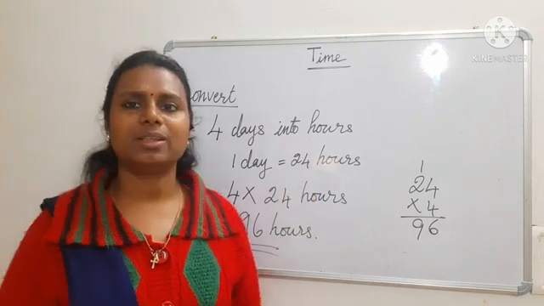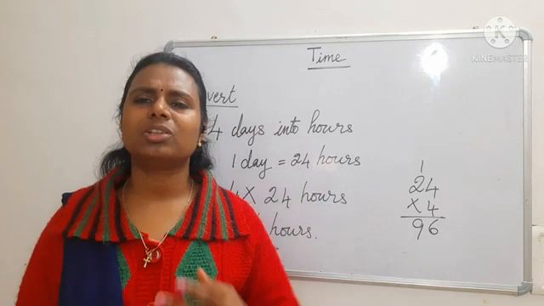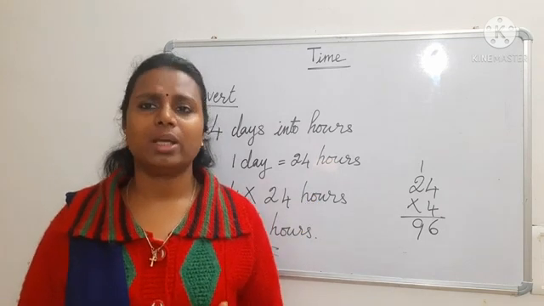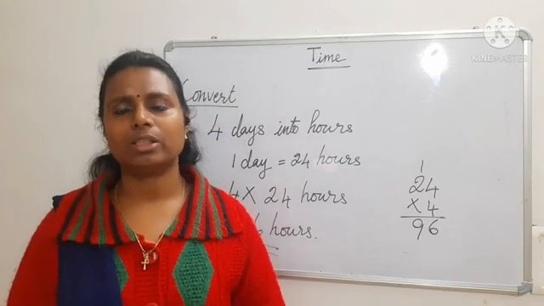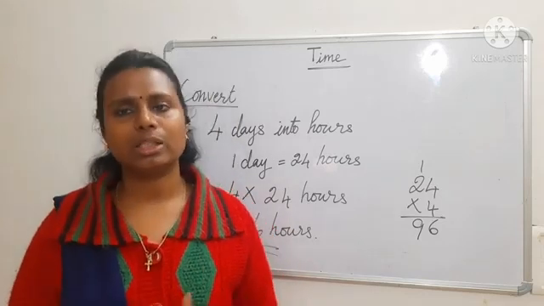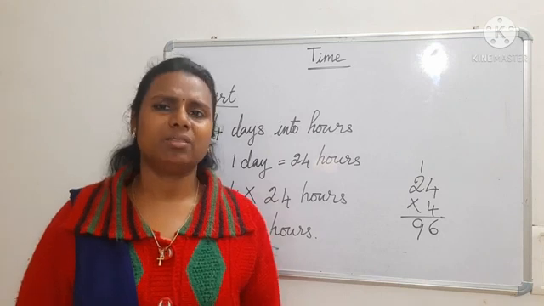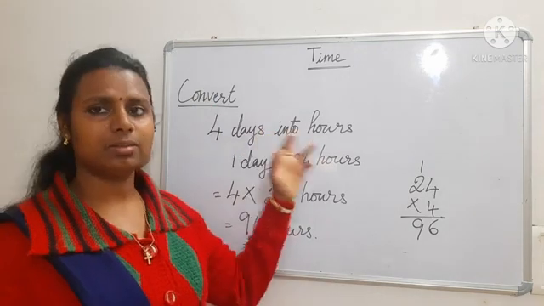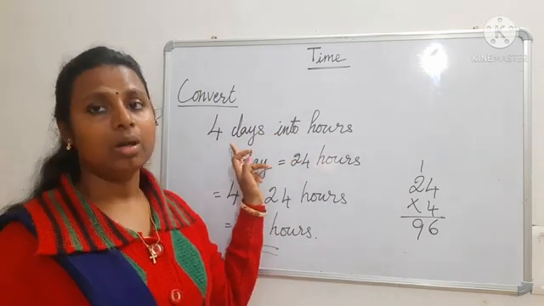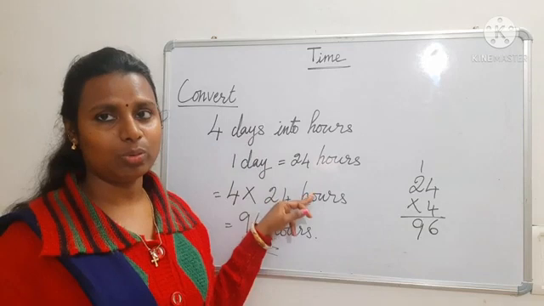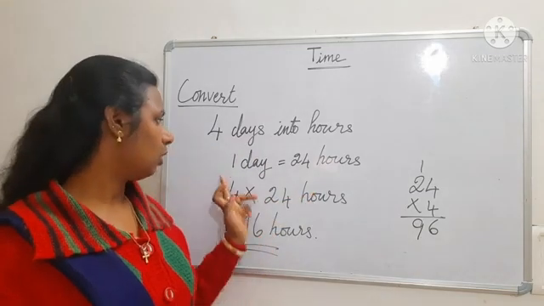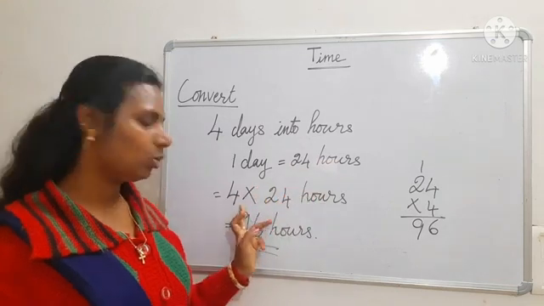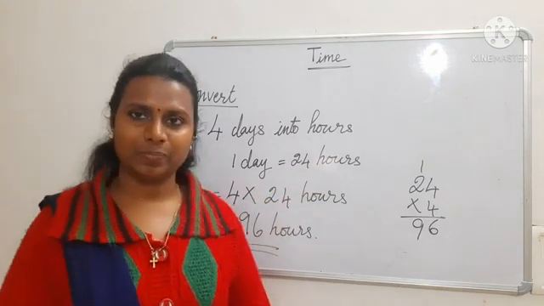Especially in this time chapter you have only 3 or 4 measures: 1 day is equal to 24 hours, 1 hour is equal to 60 minutes, 1 minute is equal to 60 seconds. Higher units to lower units, so you multiply and write the answer.